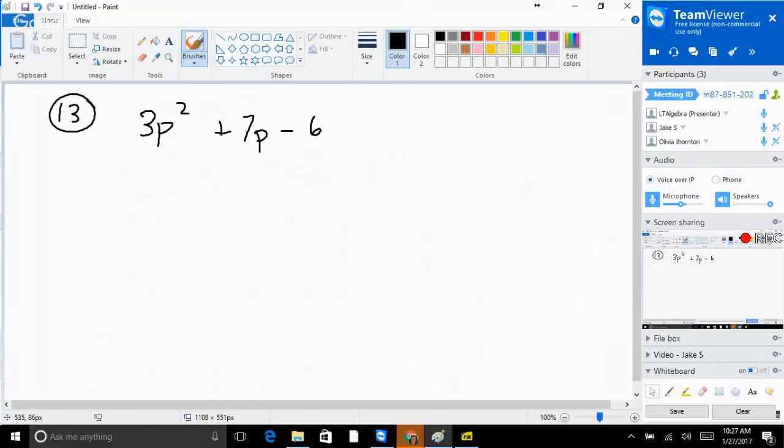Okay, we want to factor it. That's what we're doing, right? We're factoring, factoring, factoring. So we want to get something like this.